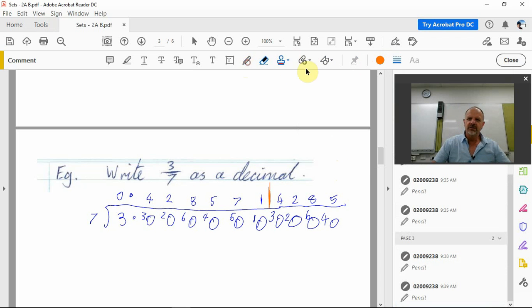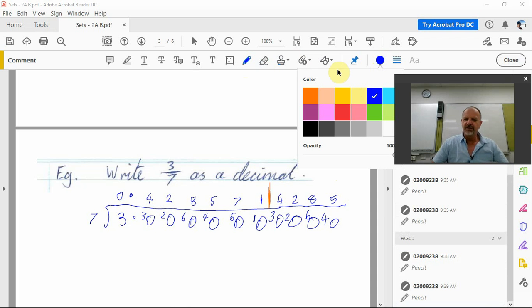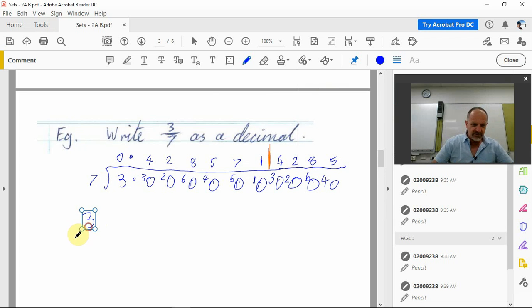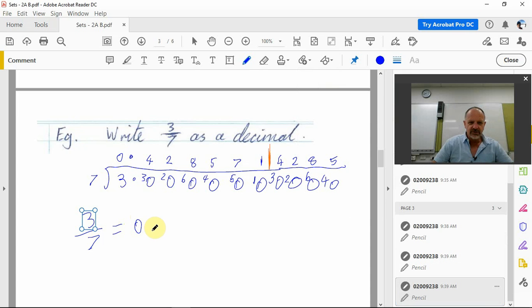So the convention of what we could do here is that when the pattern starts to repeat, we write 3/7 equals 0.428571. And then it's those numbers that are going to start to repeat.